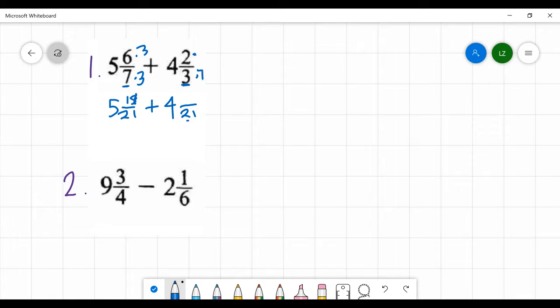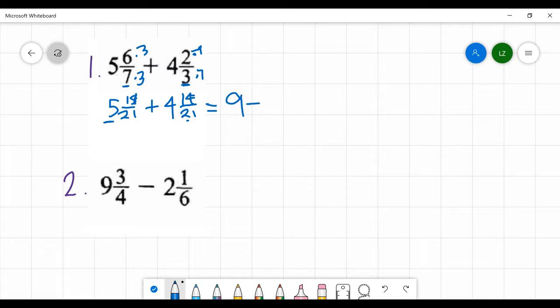And then do the same to the numerator. All right, so I get 14. So we have 18 plus 14 going across the top. And then we'll add our whole numbers as well. So we get 5 plus 4, giving you 9.